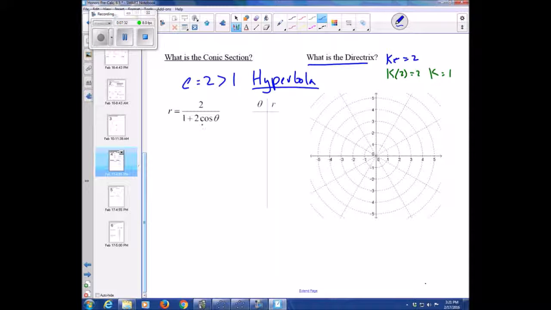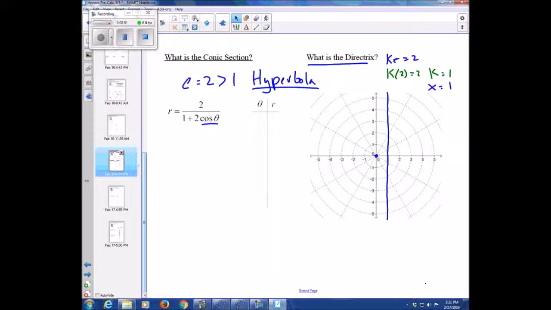That we've got a cosine tells us that we're opening horizontally, and the addition in our denominator tells us that we're opening onto the negative x-axis from that focus at the origin. So with that k value of 1, we are going to have the line x equals 1 as the directrix to the focus at the origin.